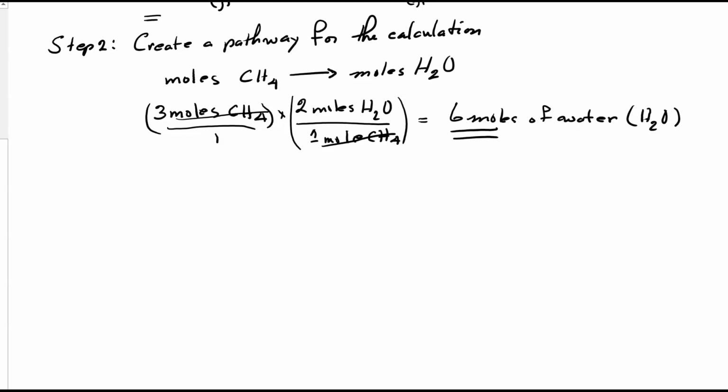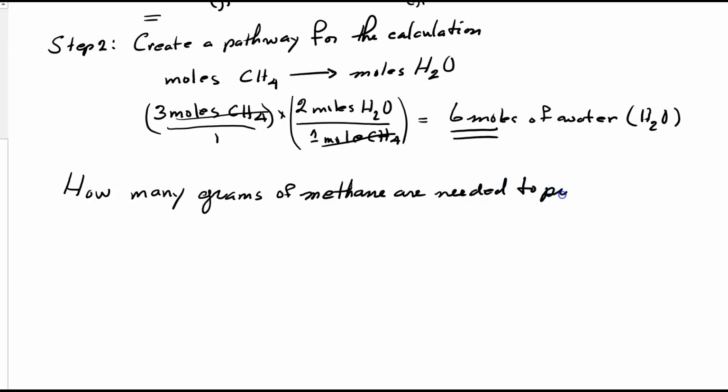So if we said that we want to make 5 grams, so let's put the question this way, how many grams of methane are needed to produce 5 grams of carbon dioxide.